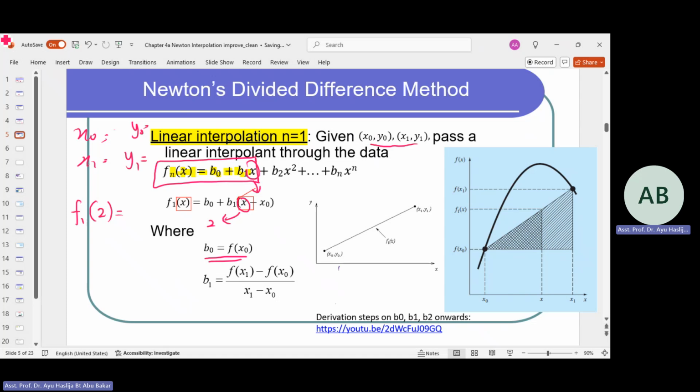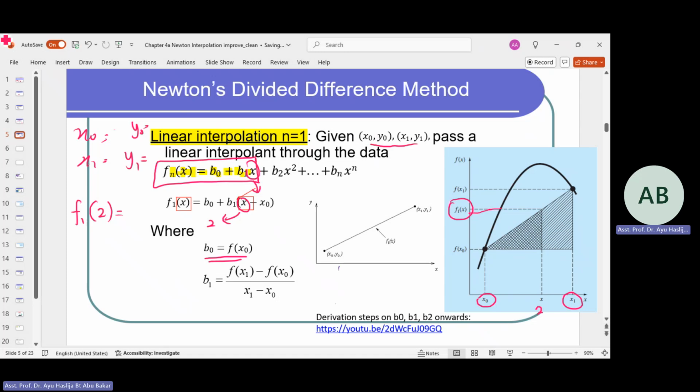Let's say you have this curve. For linear, it will involve x0 and x1, 2 points. You need to find f(x) when x equals 2. At this point is your f1(x), f(x) for n equals 1, linear.